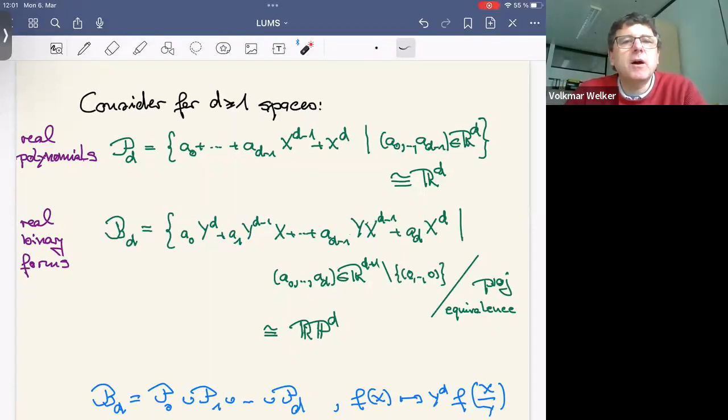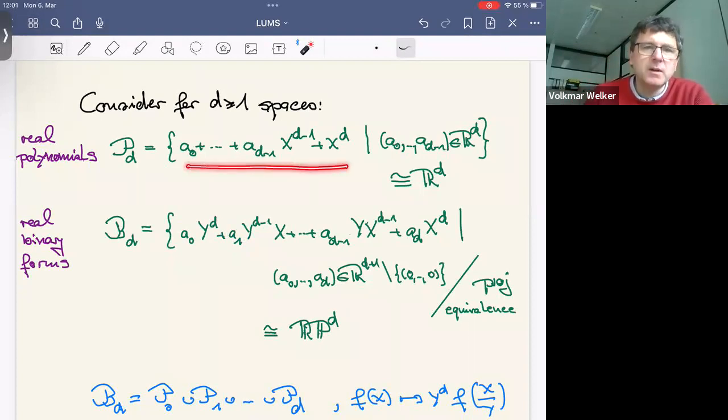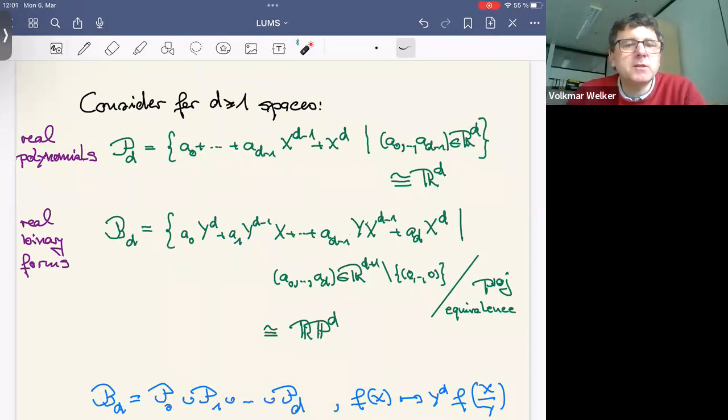Okay, so what are we looking at? Our actual work considers two types of objects. One of them are the polynomials. We consider polynomials of a fixed degree with real coefficients, and the polynomials are monic, so the coefficient of the top degree power of x is 1.